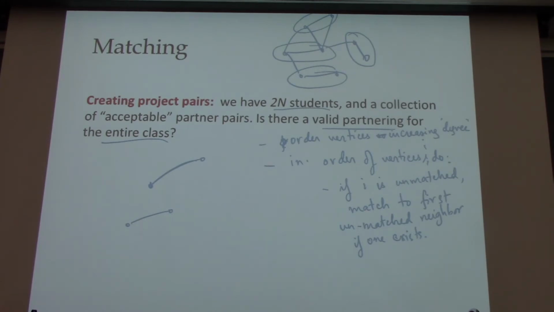But is it optimal? If you do the sorting, I actually don't know an example off the top of my head, but this is a simple homework exercise for you. If you play with it, you can come up with an example where this is not optimal.